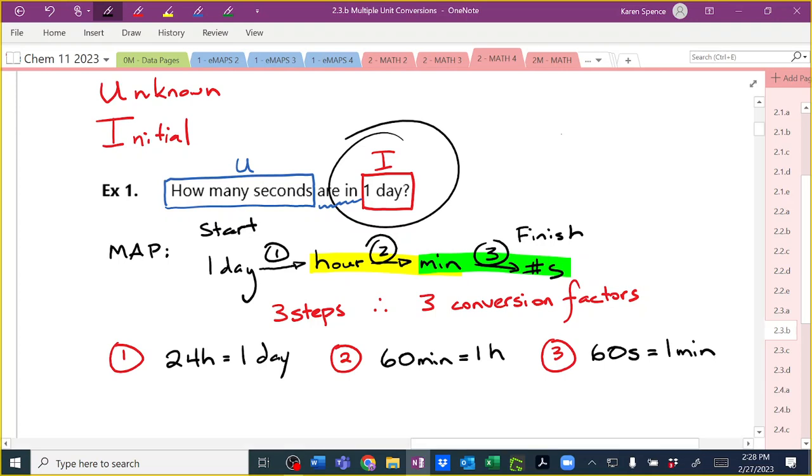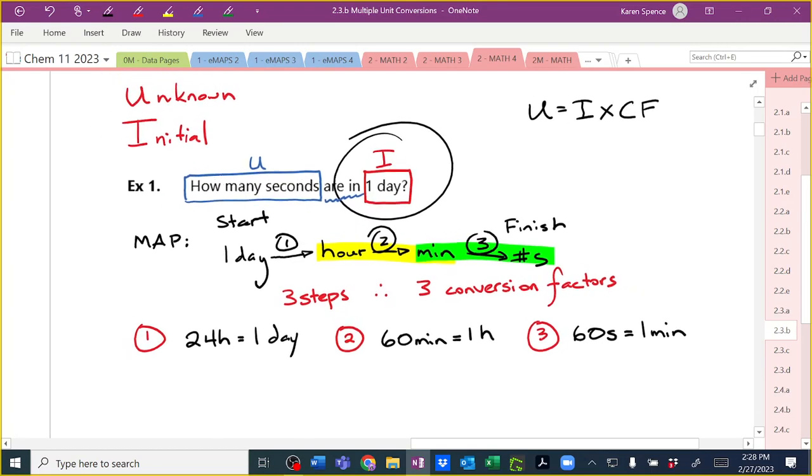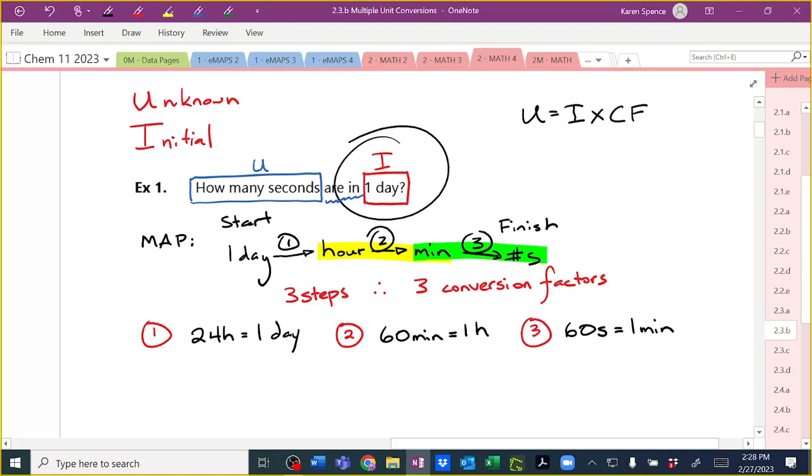Our basic mathematical sentence is going to look like this. Our unknown is equal to, what's the first thing we write? Unknown is equal to the initial quantity times a conversion factor. Okay, so the unknown is equal to an initial quantity times a conversion factor. But we have 3 steps here.